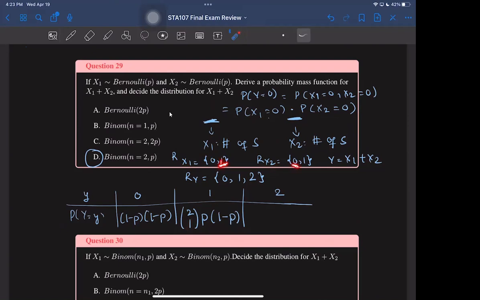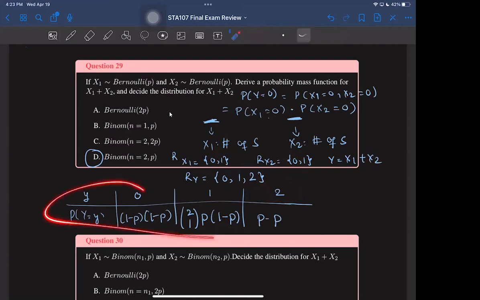And I multiply with the probability that x1 equals 1, which is p, because x1 is Bernoulli, and multiply with the probability that x2 equals 0, which is 1 minus p, because it is the probability of failure for a Bernoulli random variable. And when y equals 2, it means both x1 and x2 have to be 1, which is p times p.